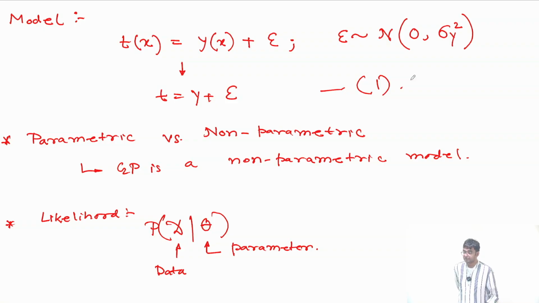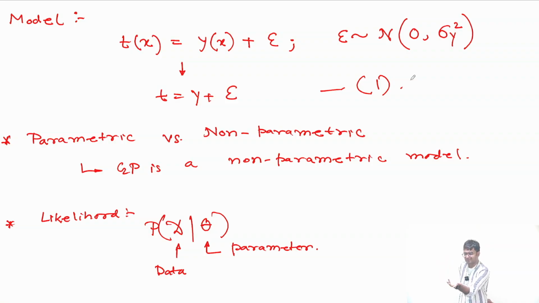What are parameters? Parameters are generally unknown. What is unknown in equation 1? y is unknown, right? Also, sigma y square is unknown.